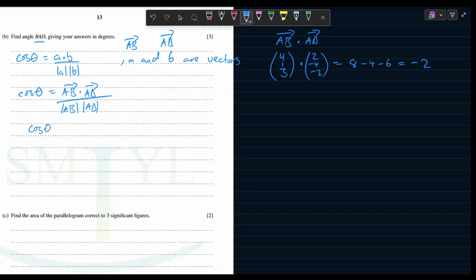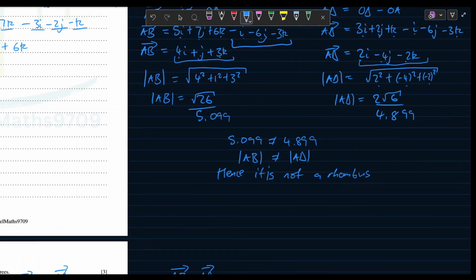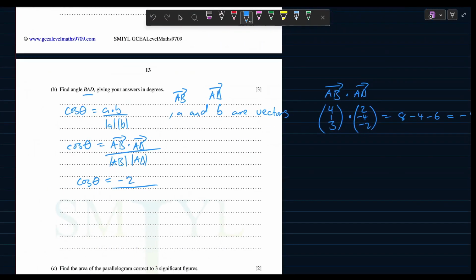So our scalar product, or dot product, is negative 2. So cos theta is equal to negative 2 over the product of their magnitudes. The magnitude of AB is root 26 and that of AD is 2 root 6. So theta is going to be arc cos of all of this, and we are in degrees.